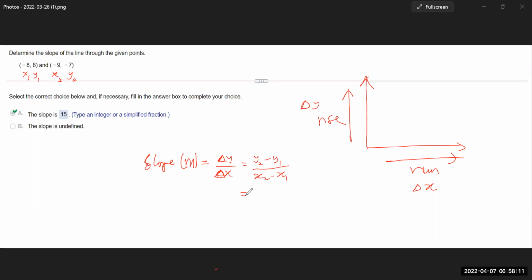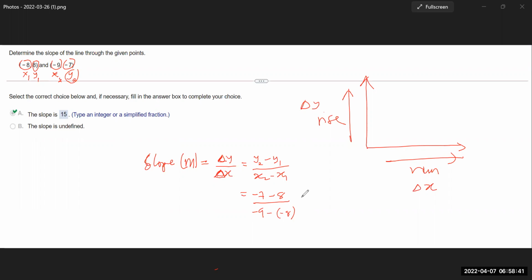So let's put these into the equation. y2 is -7. What is your y1? y1 is 8, so subtract that. x2 is -9. And then what is your x1? x1 is -8, so minus a negative.